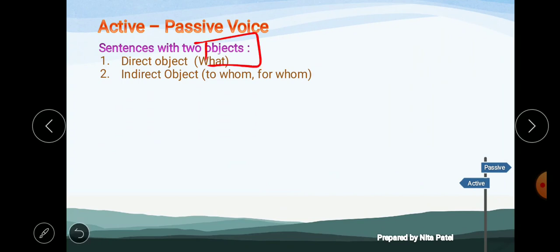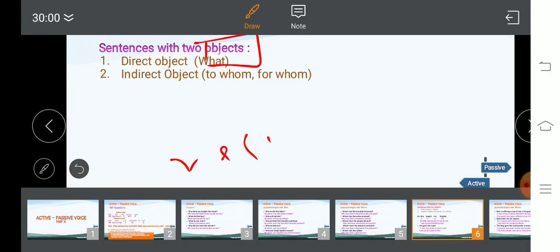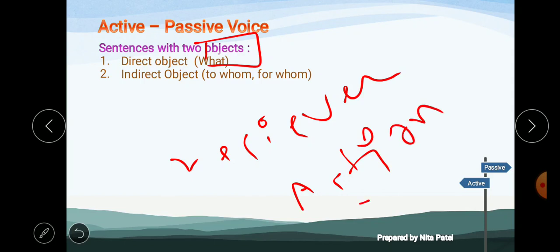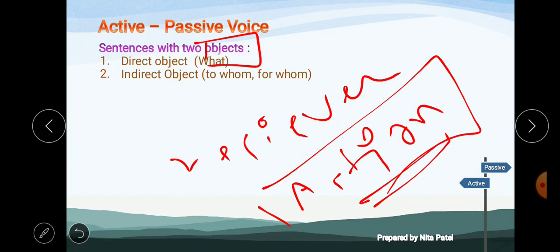Now object is the receiver of the action. In any sentence, action is more important. If there is action, you can frame the sentence. Without action, you can't frame a sentence. So action, that means the verb, is the most essential, most fundamental, most basic part of a sentence.